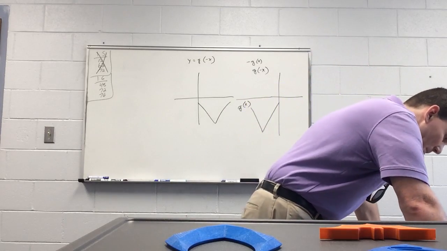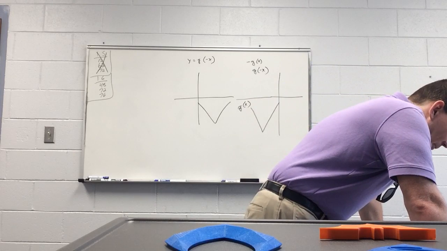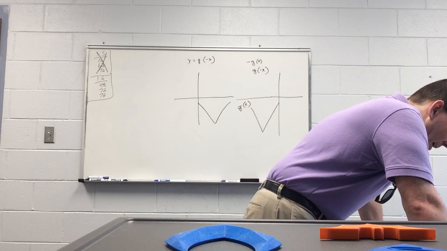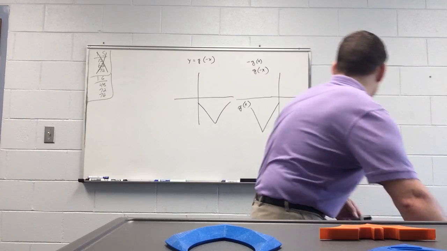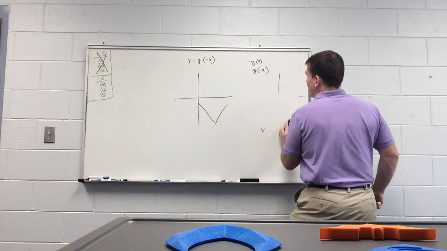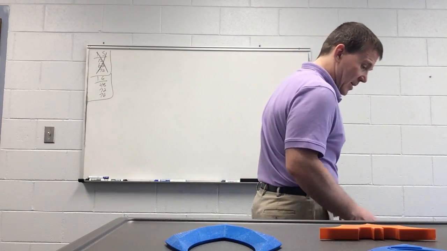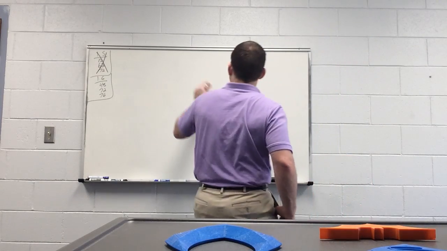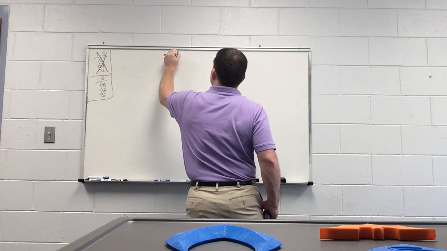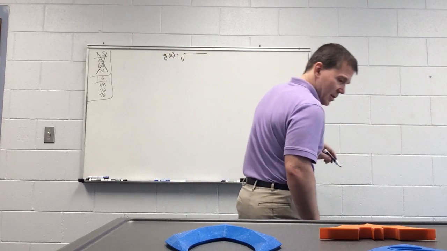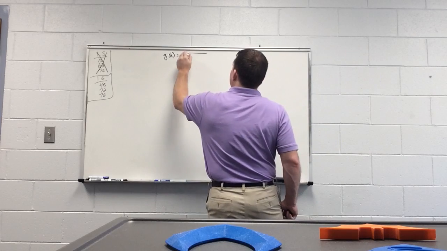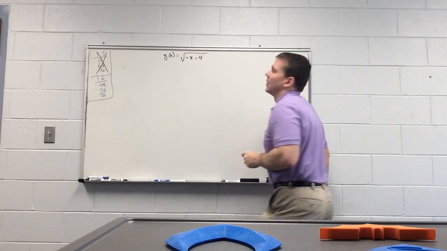72. For exercises 63 through 78, use transformations to graph the functions. 72 and 76. Okay, these will require room. So let me clear this. So for 72, we have g of x equals the square root of minus x minus 4.